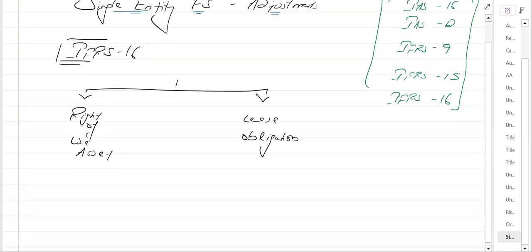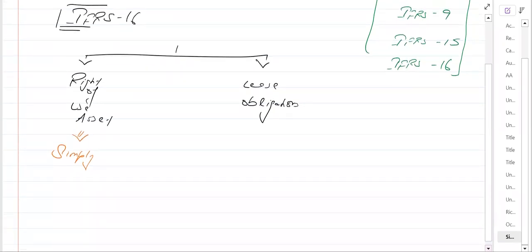The right of use asset is simply depreciated on straight line basis over the lease term, usually.